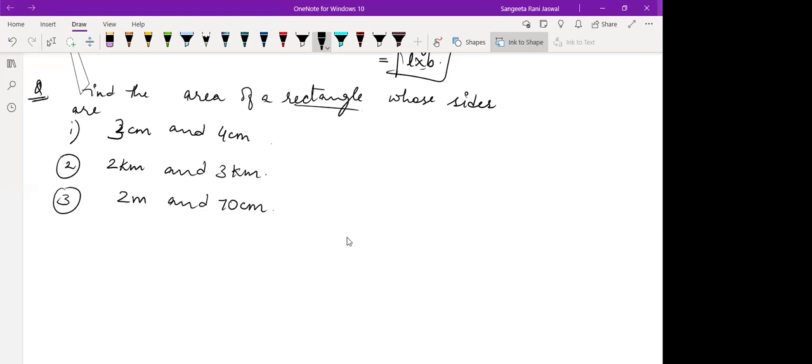In the third question, the length is 2 meter and the breadth is 70 centimeters. So what will you do? You will change both the dimensions to one unit. Either you will change both to centimeters or both to meters, whichever you find convenient. Do you get it? Yes, ma'am.